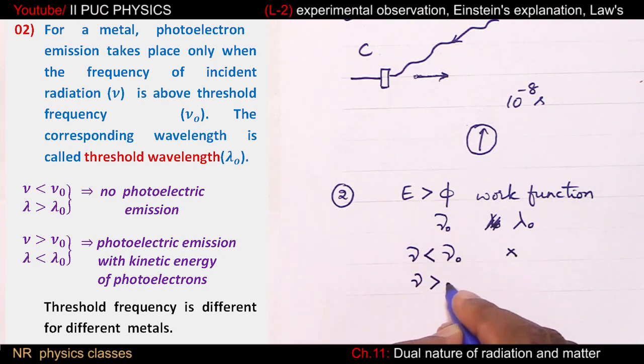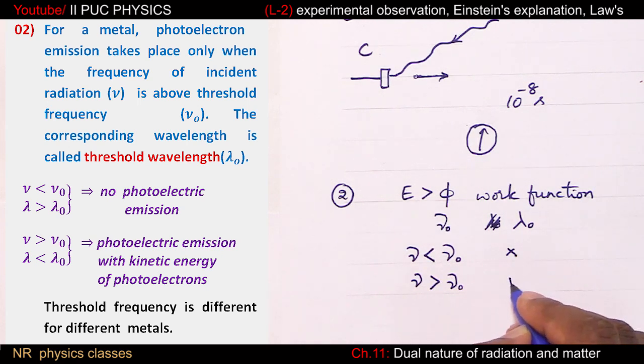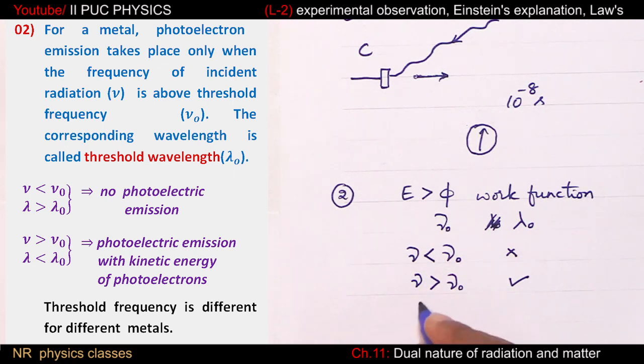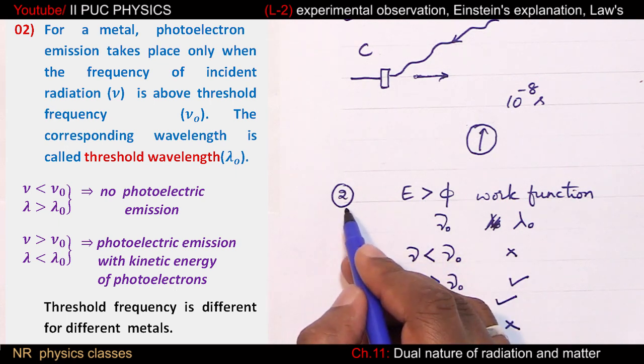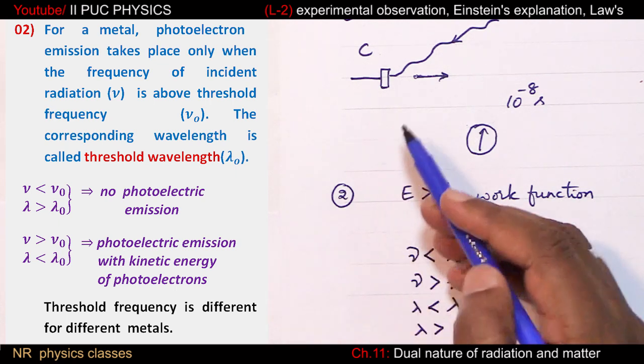Frequency greater than threshold frequency, there is emission, isn't it? Similarly, if wavelength of incident radiation is less than threshold wavelength, there is emission. If wavelength is greater than threshold wavelength, there is no emission. So this is the second point.